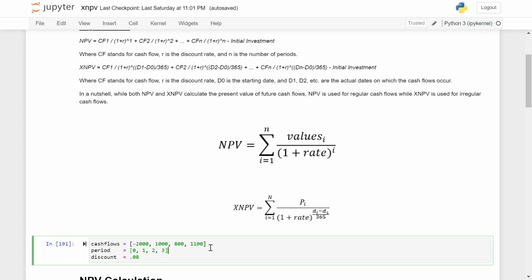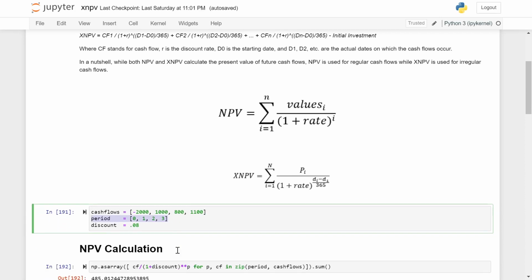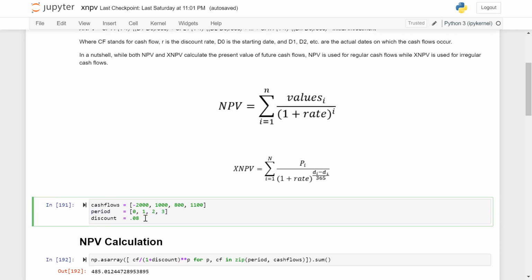Let us calculate NPV first. We are considering these cash flows: minus 2000, that is cash outflow, the initial investment, followed by three cash inflows 1000, 800, 1100, and we have here corresponding periods. The discount rate being considered is 8%.